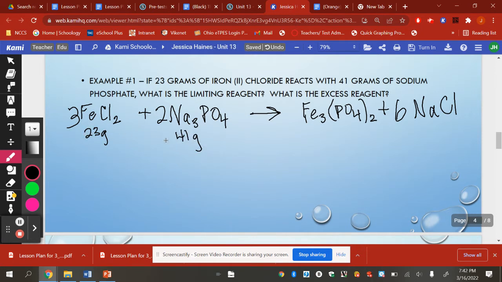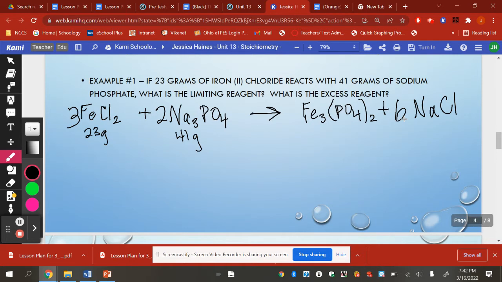So in this particular problem, it does matter what one you start with, because it's asking what's the limiting reagent, the limiting reactant in this problem. So one of these 2 things is going to run out first. It is not always going to be the smaller number. So don't just look at it and be like, well, there's less of this, it might run out first. That's not always the case. Remember, stoichiometry produces all kinds of different things because of our mole ratios, our balanced chemical equation gives us those different numbers.